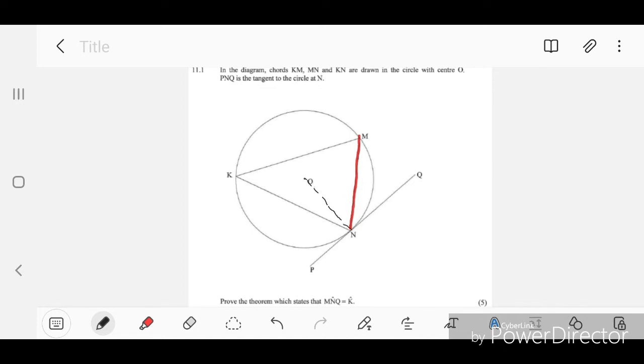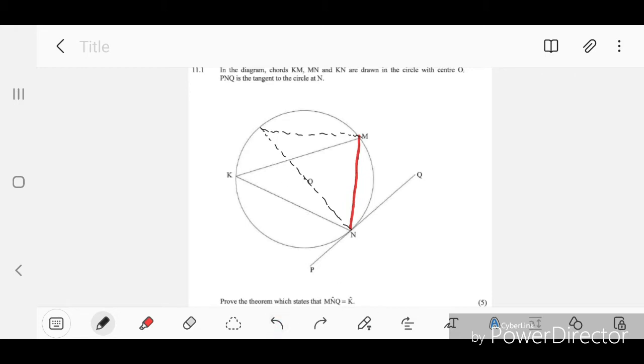So this is me drawing it. It must pass through the center. It must be subtended by that same chord that you are trying to prove. So you can see that butterfly holds this equals to this, right? So that is the intention.